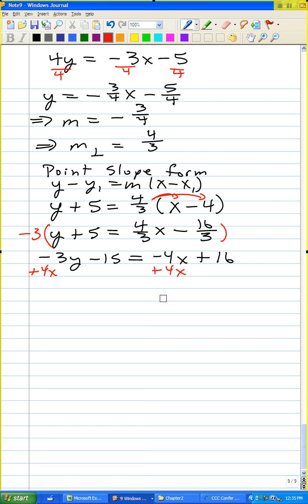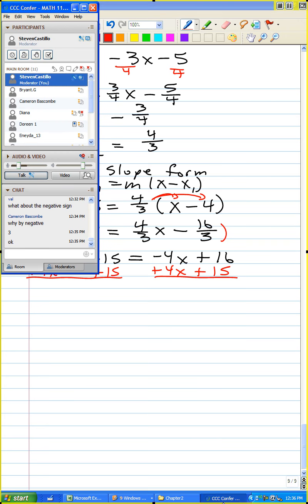When I bring it to the other side of my equation, it becomes a positive 4x, and I want a positive number in front of my x. And so that's why I multiplied by a negative, so that when I brought it to the other side, it would become positive. You don't have to do that all in one step. You can always, at the end, change your sign if you don't have it correct.